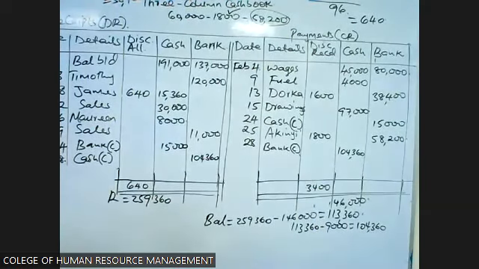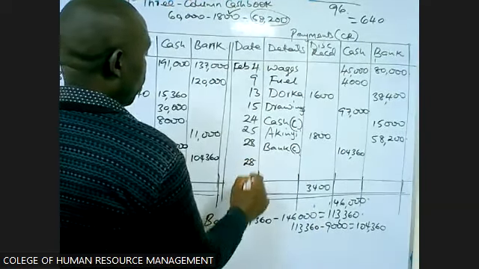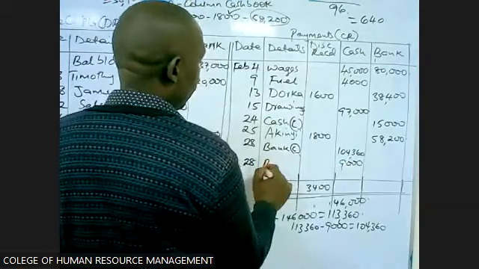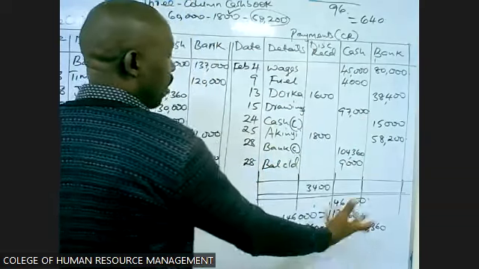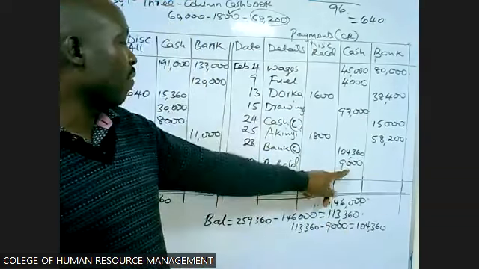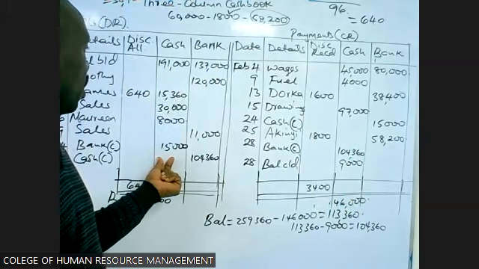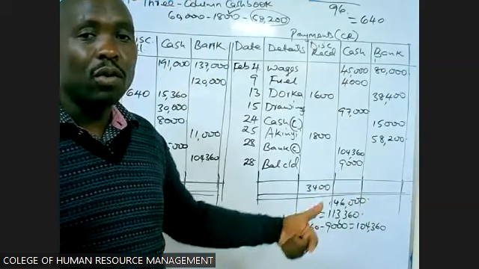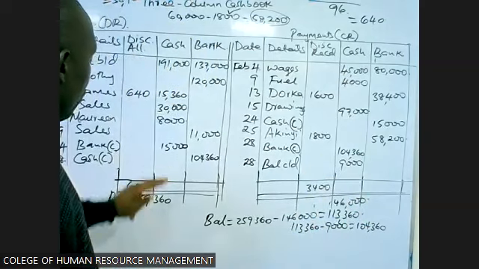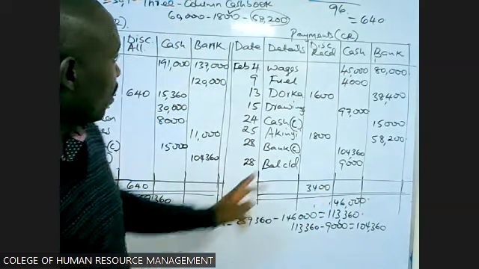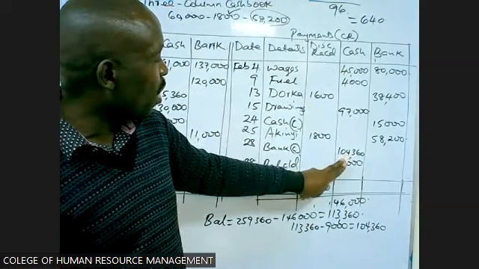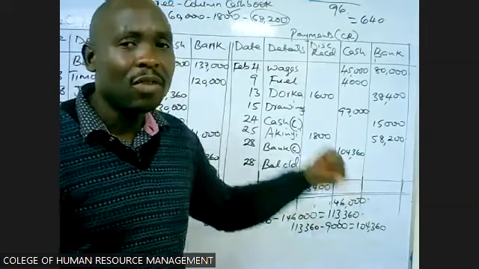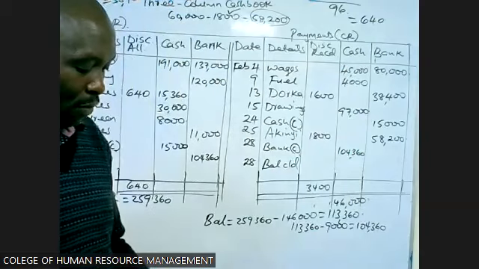So for the cash, actually the balance that we have is 9,000. We left 9,000 behind. That is the cash balance that we have. It is actually more on the debit, so the credit will be having less 9,000. But you can do it manually. If you add the total cash receipt, we found it is 259,360. If you add the total payments up to here without this 9,000, you realize that there will be a deficit of 9,000. And actually that 9,000 is what we have left in the business.